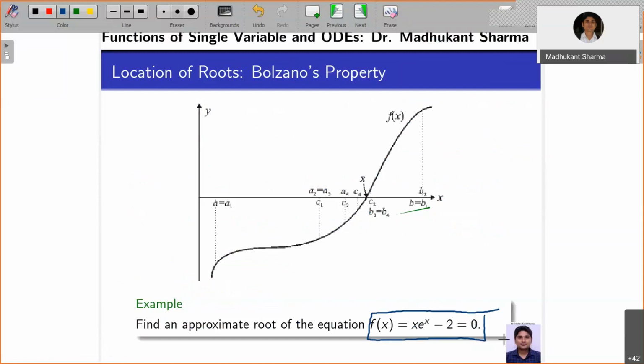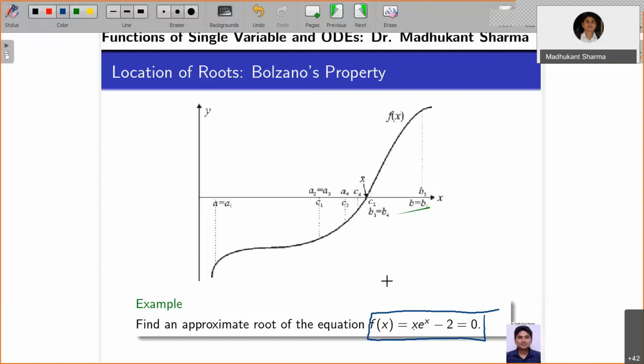So you want to locate the root of this equation. You can identify this function: the product of two continuous functions is continuous, and the sum of two continuous functions is continuous. So the function is continuous.